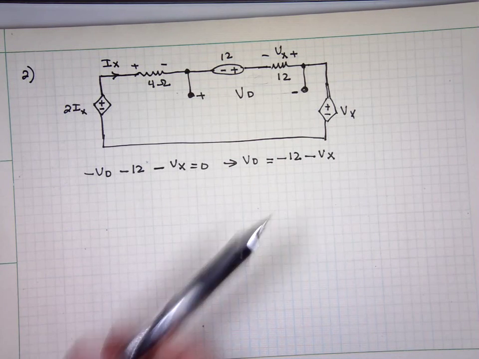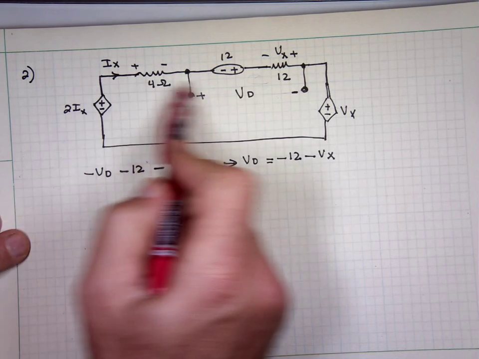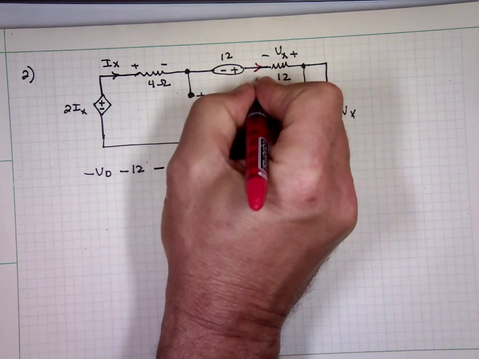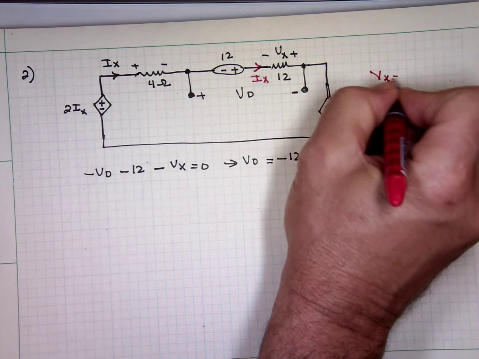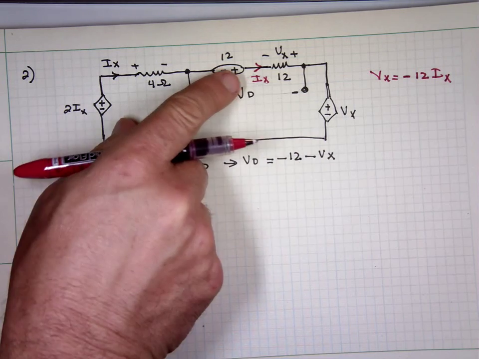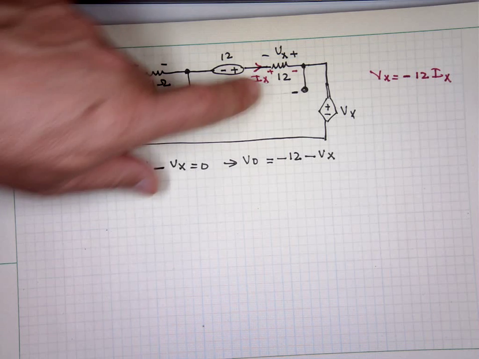So if I know Vx, I'm done. Well, how do you find Vx? Let's look at that picture. We have I sub x going this way. There's only one way for the current to go. That means Vx is going to be negative 12 times I sub x. Negative, why? Because I sub x is going to mark it plus to minus. That's a different direction.